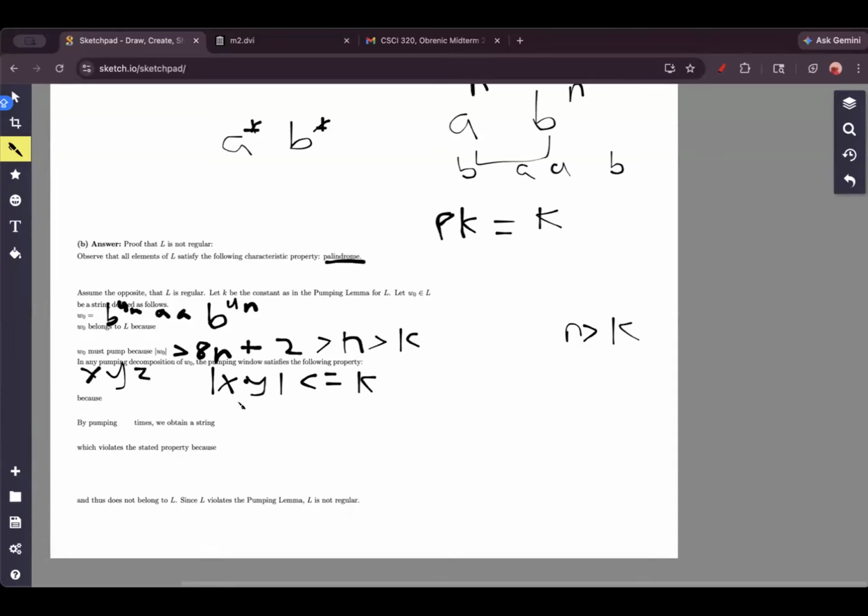And your pumping part is going to be greater than 1, because you do not want to pump when it's not greater than 1; it's basically saying that you're not pumping at all.